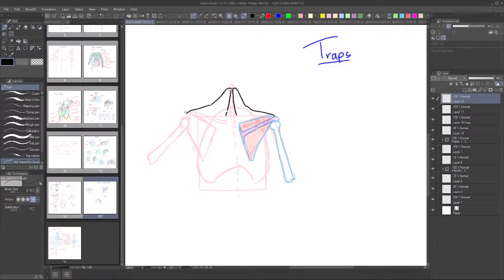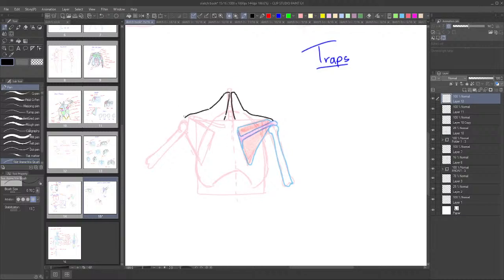All right. Okay. And you have like a small space here. Okay. Then it goes downwards like this. All right, like that. Okay.